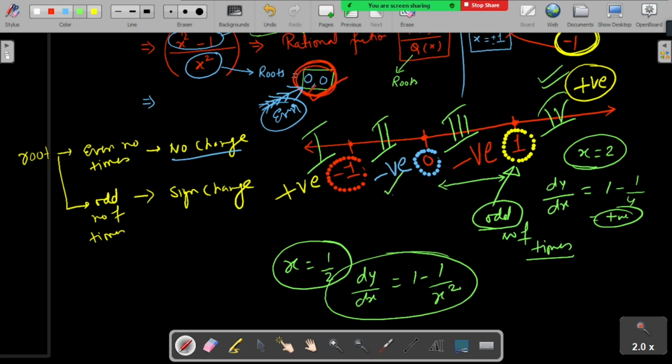Let's do one more verification. Now I'm going to take any value from 0 to -1. Put x equal to -1 by 2, and please check the sign of dy upon dx once again. I'm 100% sure it is again going to be negative.